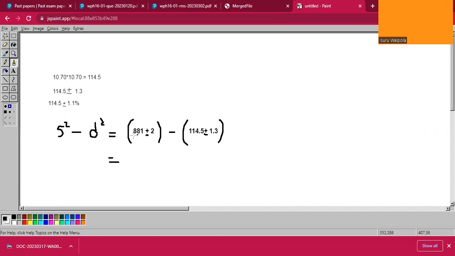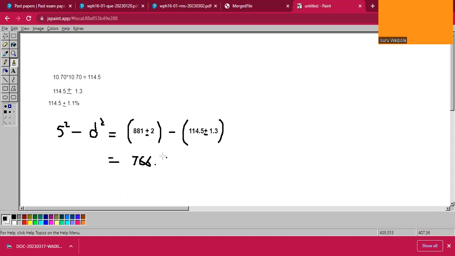So the final value needs to be given to the lower number of significant figures. 881 minus 114.5 gives us 766.5. I'm going to leave it like this for now because I'm not ready to give my final answer yet, and I'll explain to you why.